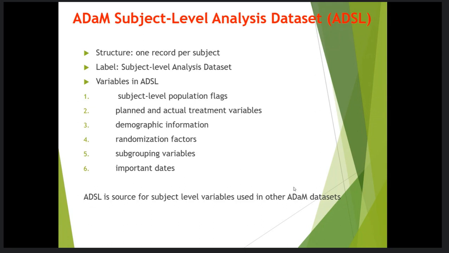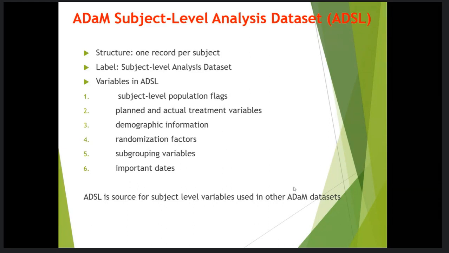So we are going to have some important subject level variables. We are going to have identifier variables, demographic variables, population flags, treatment variables, randomization factors, and important dates. In SDTM, DM is the mother of all the SDTM domains.